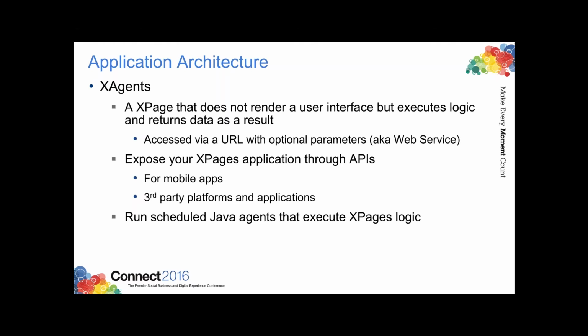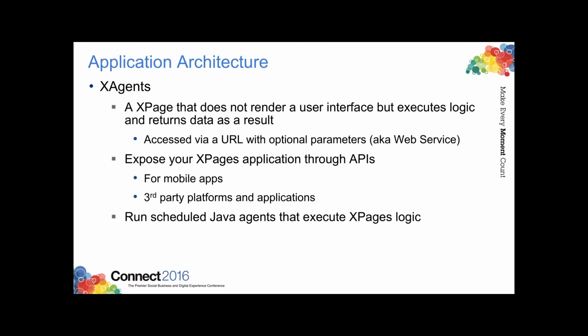So it's really powerful. It exposes your XPages applications through APIs, and it becomes especially important when you want to provide web services to native mobile applications that require data from your XPages applications. XAgents are a great way to achieve this.